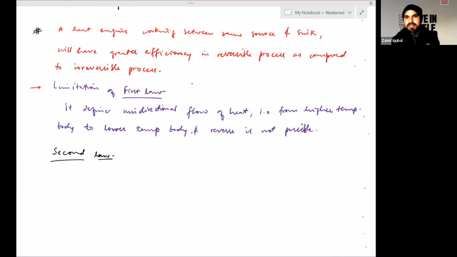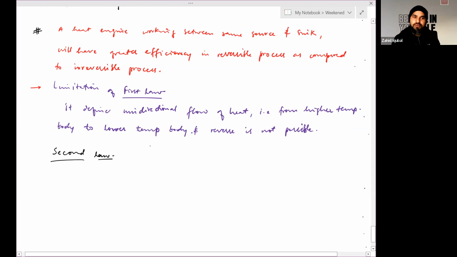At ground level there is lower gravitational potential energy, and at a higher level it has higher gravitational potential energy. To move an object from lower to higher gravitational potential energy, you must apply some external work. The object cannot go from the lower point to the higher point by itself.